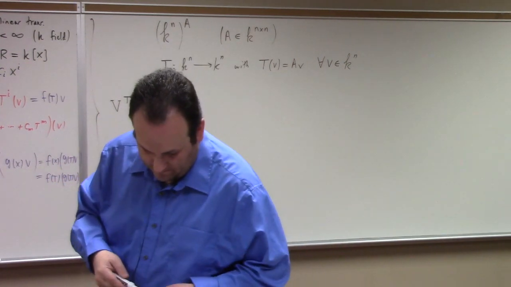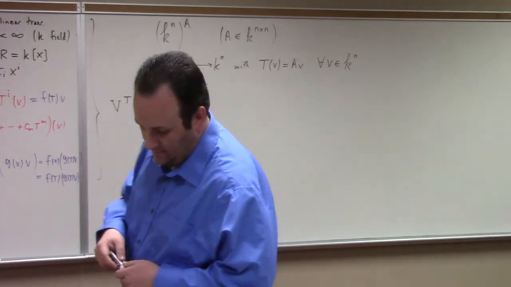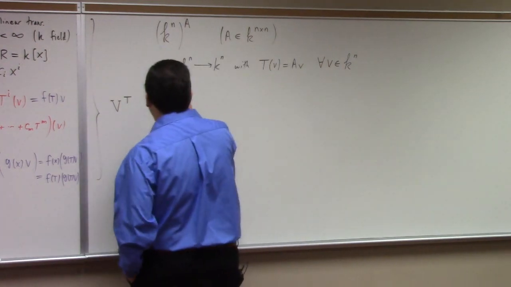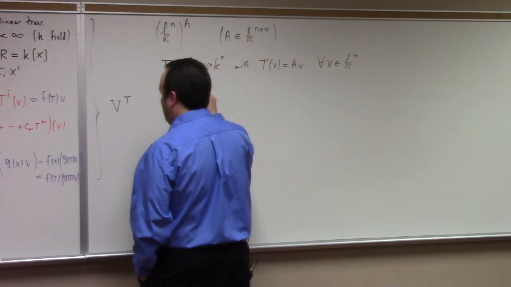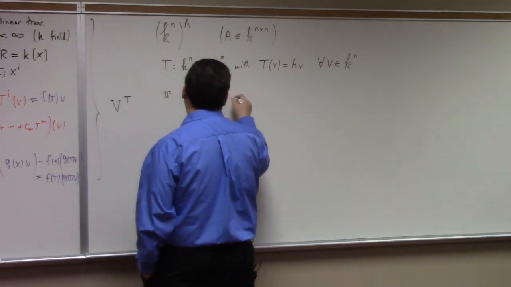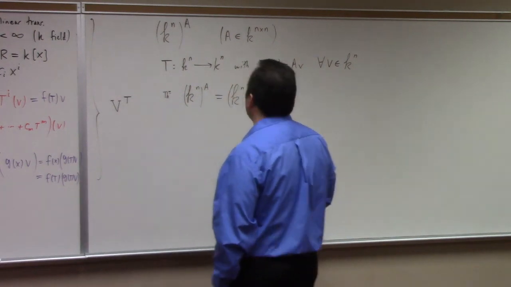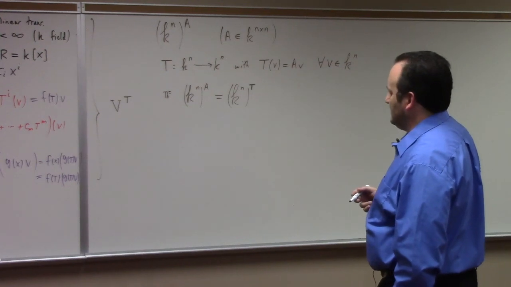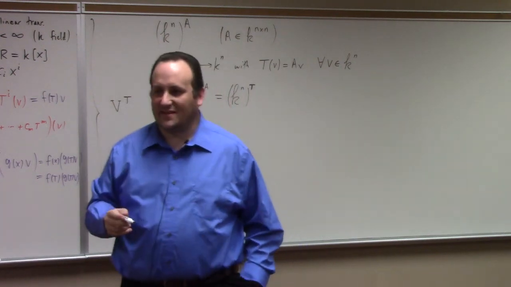He says that, well, little theorem, which is that k^n to the A is equal to k^n to the T. Now, I guess I haven't really defined what k^n to the A is yet here, so that doesn't seem like a very good theorem. I'm having trouble even understanding what I mean by that at the moment.